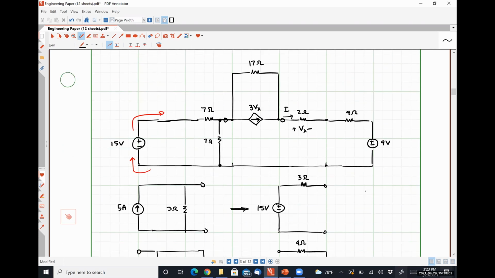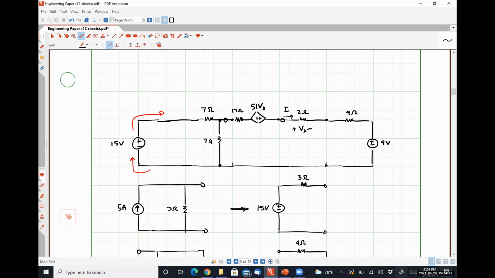And so I can take this guy out. And I've made in 3 steps now that big ugly thing be a 2 mesh circuit, right?